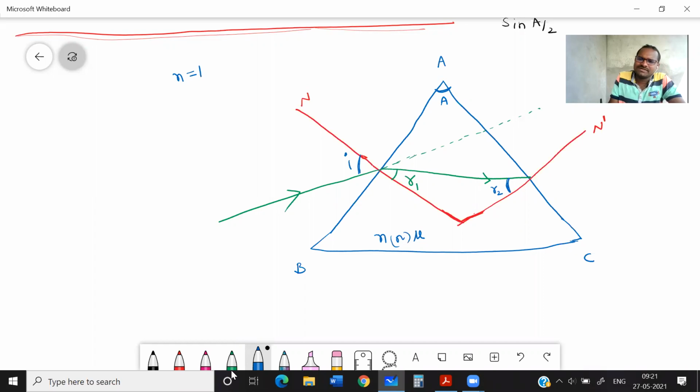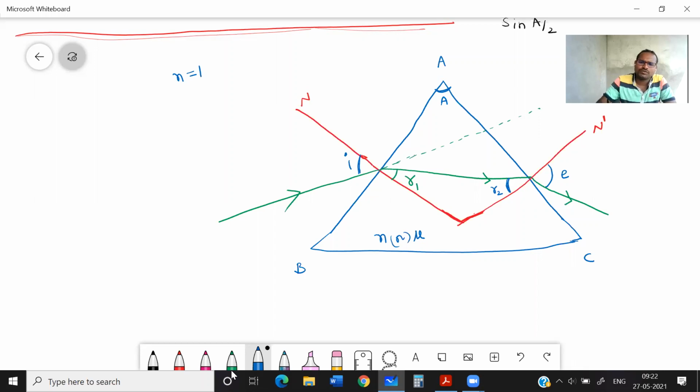Now as it is emerging out from the denser medium into the rarer medium, what will happen? It will bend away from the normal like this, so that it will make some angle of emergence e, let us suppose. Clear? Okay.